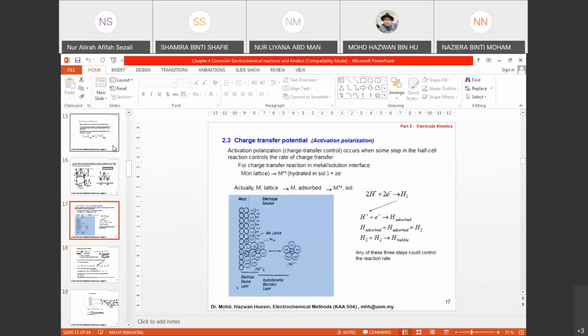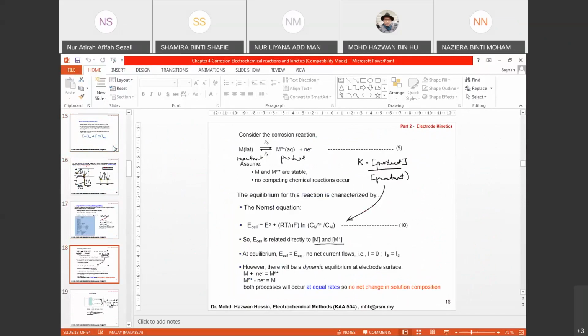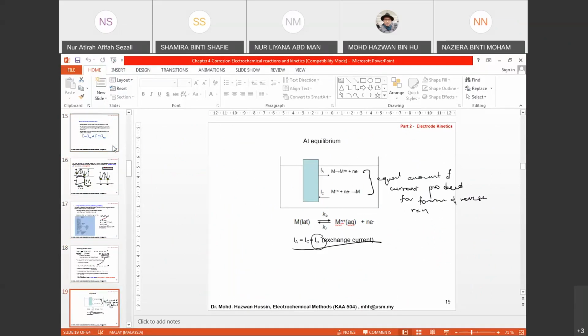Okay, so basically for activation polarization, we have studied what is meant by anodic polarization, what is meant by cathodic polarization. In a normal condition, where the anodic and cathodic, or the forward and reverse reaction is equal, we are going to assume the process like this.